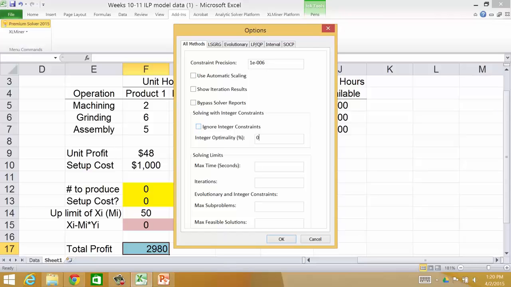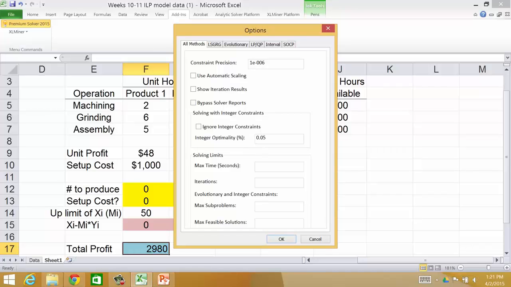And if we say, okay, we are satisfied if the optimal solution, the objective function value, is within, say, 95% of the objective function value found without those integer constraints, I'm fine. Then we set the optimality percentage here, like this.